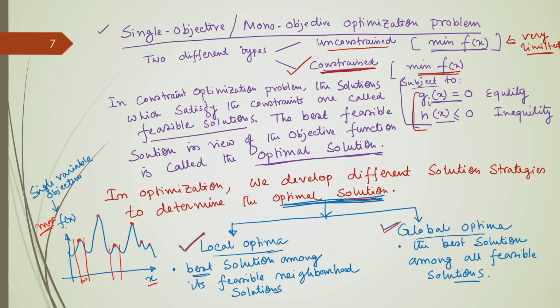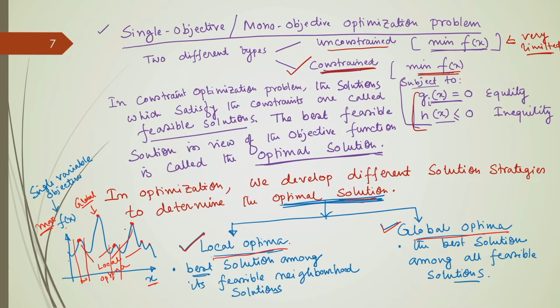So, this one will be a global optima. These are all local optima, and this is called global optima.